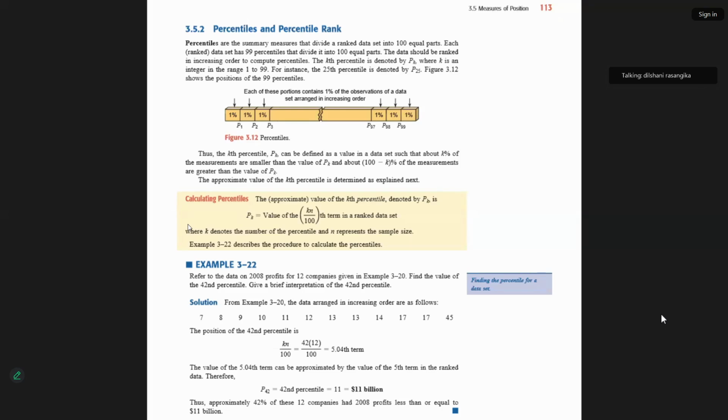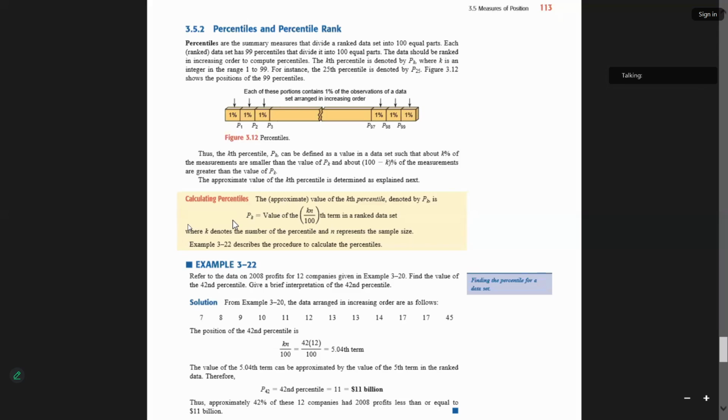That means you're going to measure and divide your ranked data set into 100 equal parts, right? And then you can calculate according to that. So how can you calculate percentiles? You can calculate percentiles by using this equation.